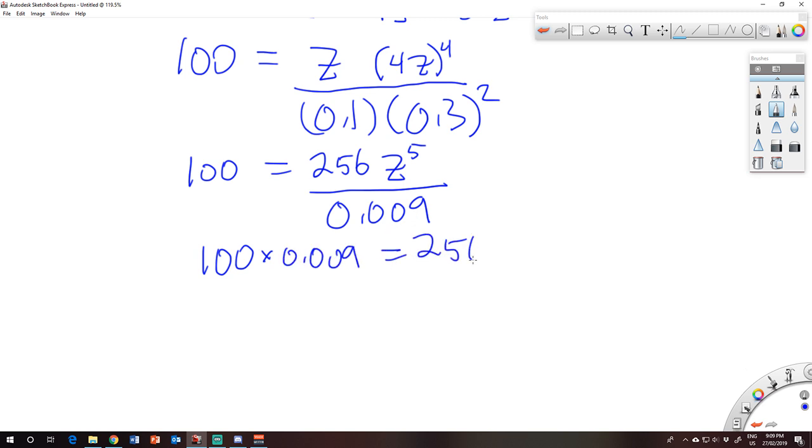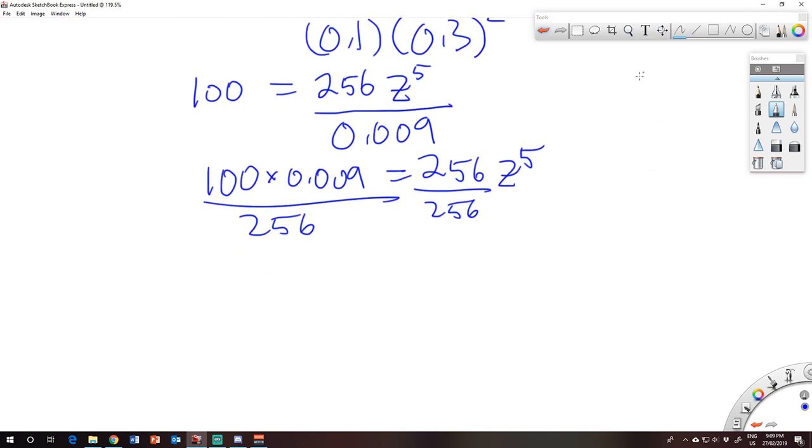0.009 equals 256 Z to the 5th. Divide by 256, divide by 256. That drops out, so Z to the 5th is equal to 0.009 divided by 256. This is not a very nice number. 0.003515.